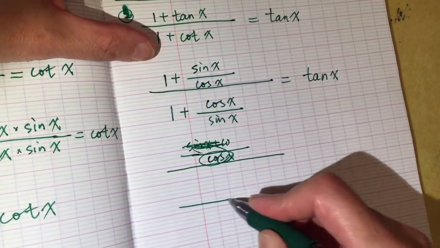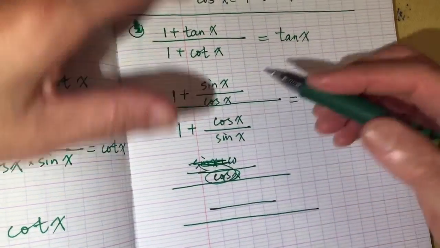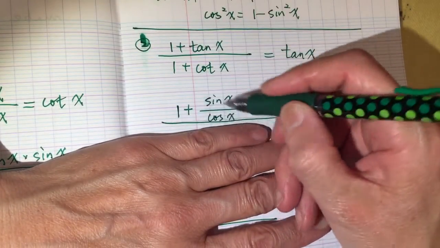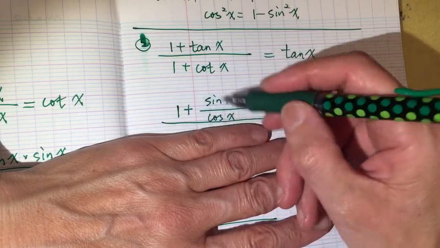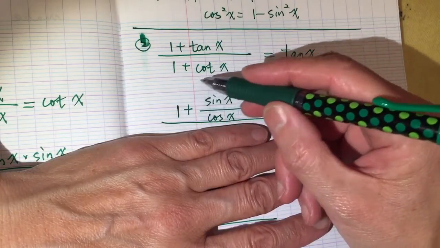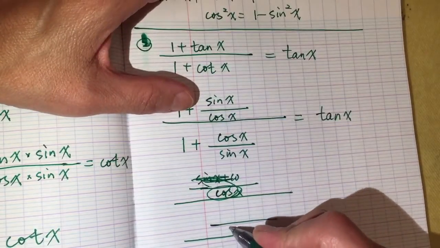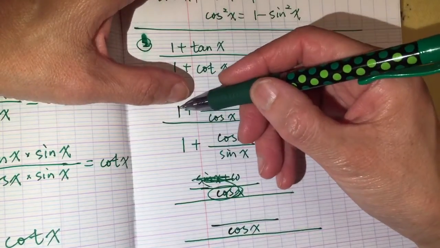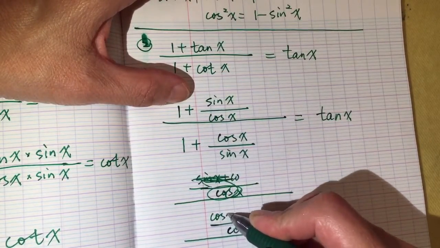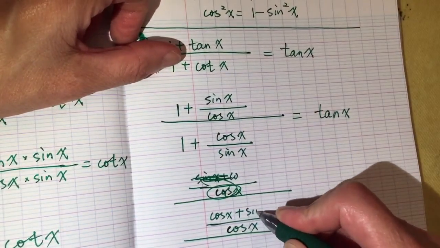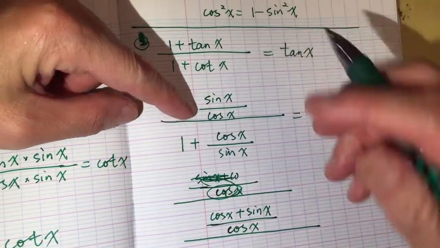I will do it again. On the numerator part, the numerator is a composite fraction, it's still a fraction. So the fraction has the same denominator, cosine x, and 1 is cosine x over cosine x, so it is cosine x plus sine x over cosine x.